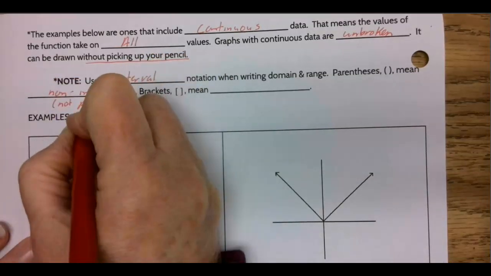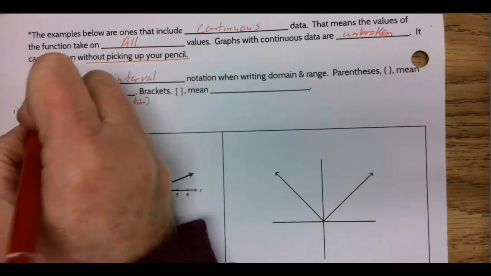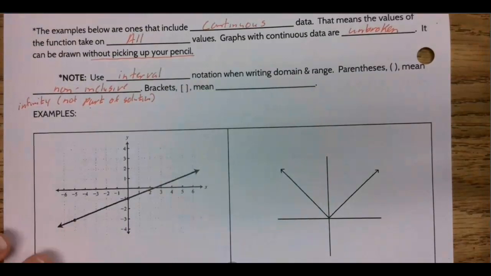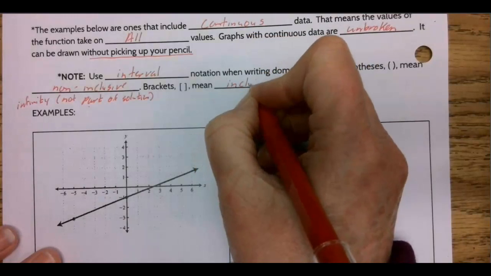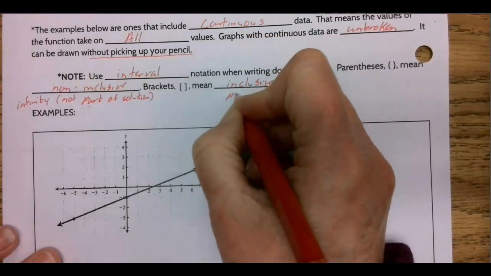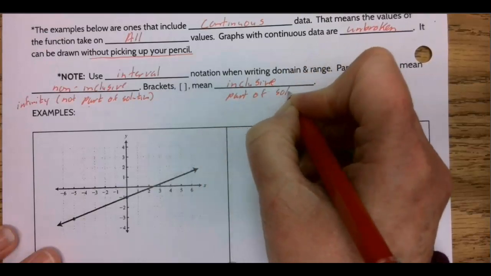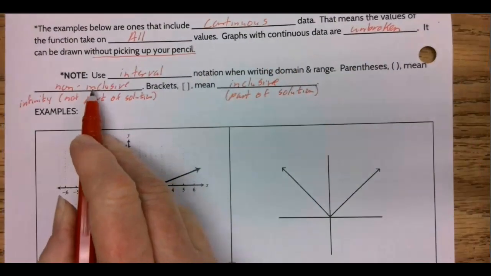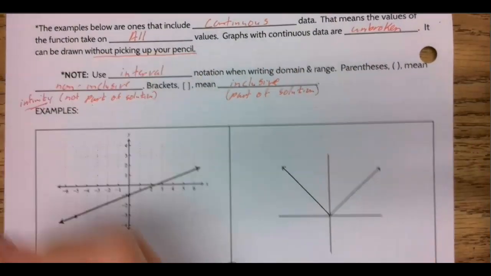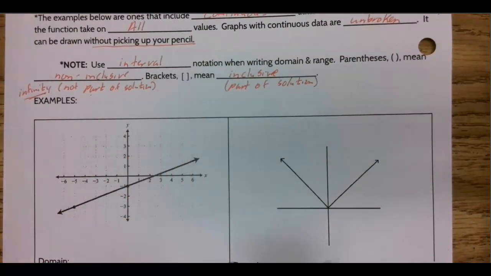Or it's infinity, because with infinity we can't stop at a certain point. Our brackets mean that it's inclusive. It's part of the solution. So non-inclusive would be parentheses and also infinity and negative infinity. So that's what we need to understand. Interval notation remembers goes from smallest to largest, and you're going to see that as we do it right here.